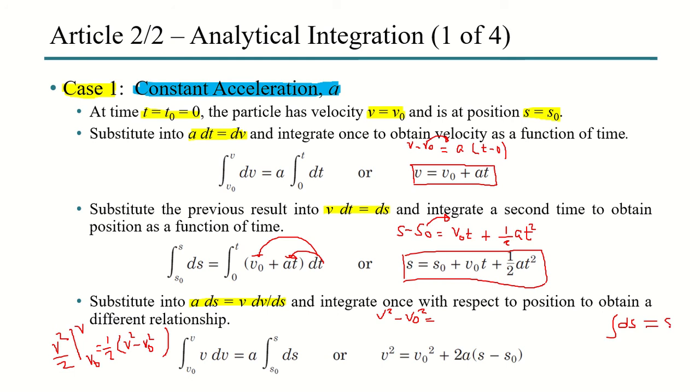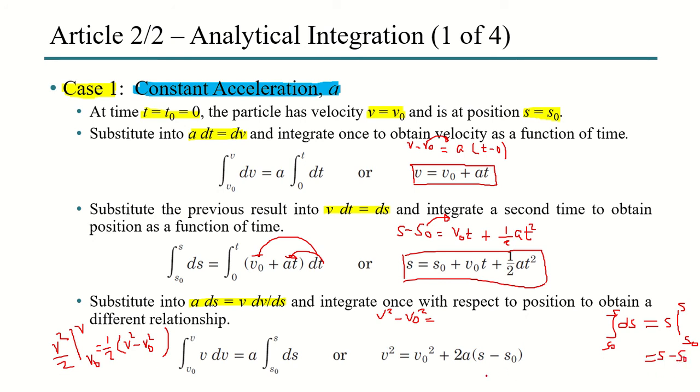The limit is s sub 0 to s. So substituting the limit, this would be s minus s sub 0.